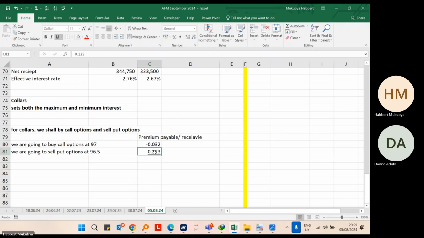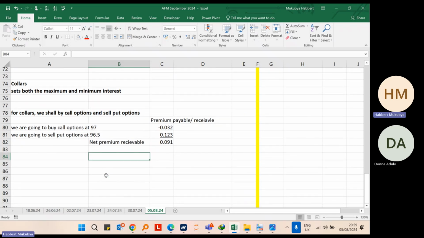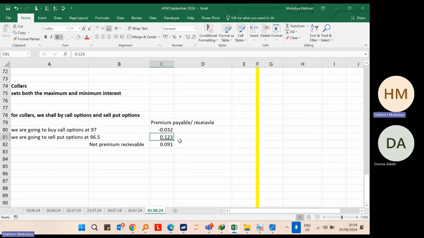So the net premium receivable is 0.091. Which means that I will receive premium of 0.123, I will pay 0.032, so I will have received a premium of 0.091 from this transaction.